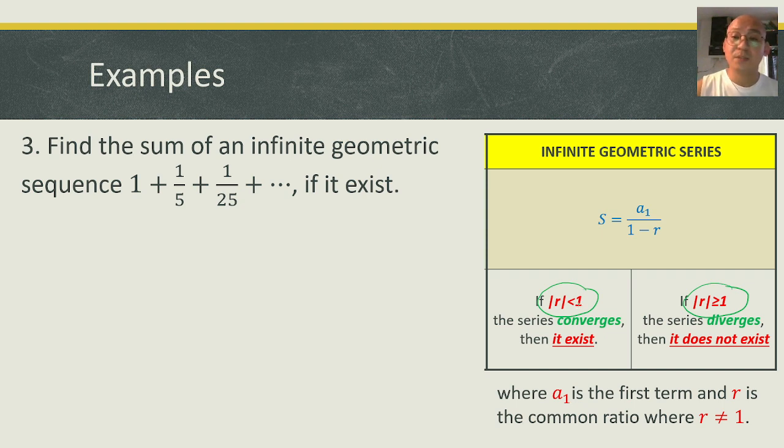But if the absolute value of the common ratio of the given geometric series is equal to 1 or greater than 1, then the series diverges, or it is a divergent geometric series. Then we cannot solve the given geometric series. There's no solution because it doesn't exist.